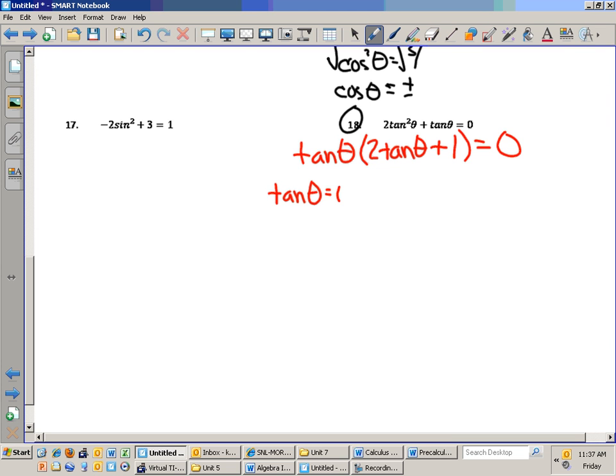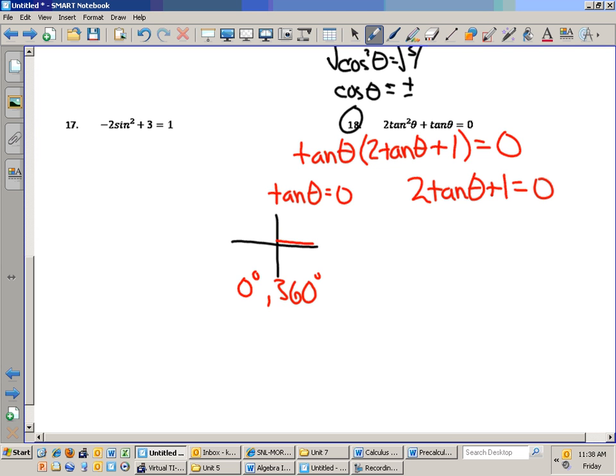Tangent of theta equals 0, and 2 tangent of theta plus 1 equals 0. Well, this one's already solved for 0. And if I do tangent inverse of 0, I get 0. So I guess that's 0 degrees and 360 degrees. If I solve this one, I subtract the 1, and I divide by the 2 to get tangent of theta is equal to negative 1/2.